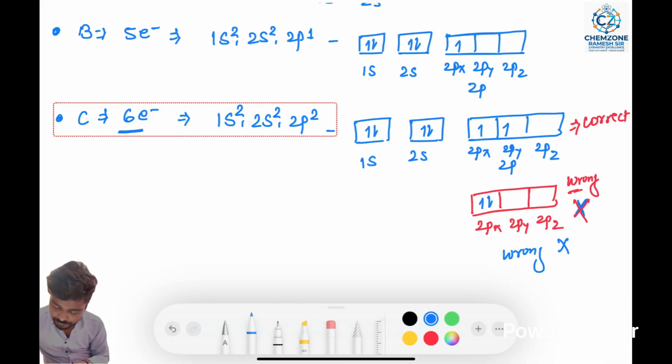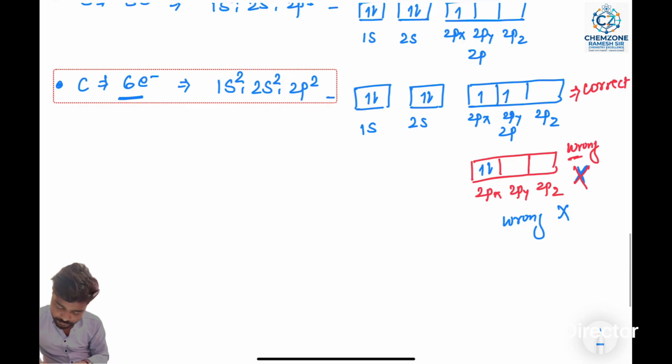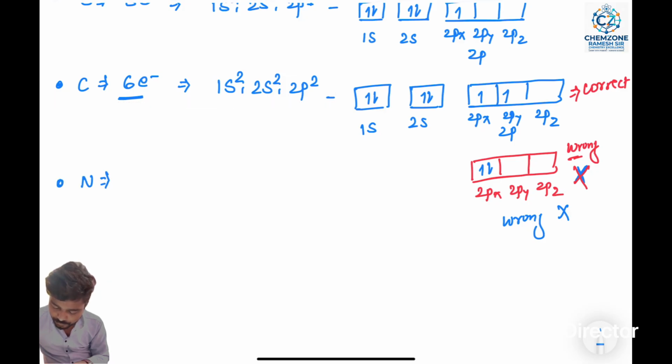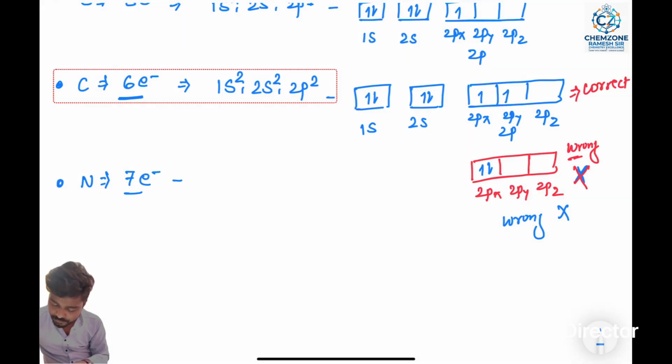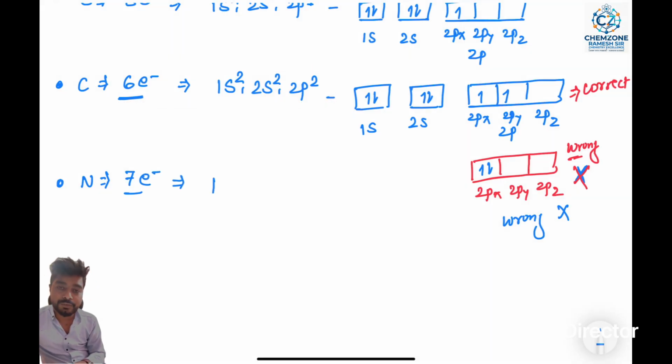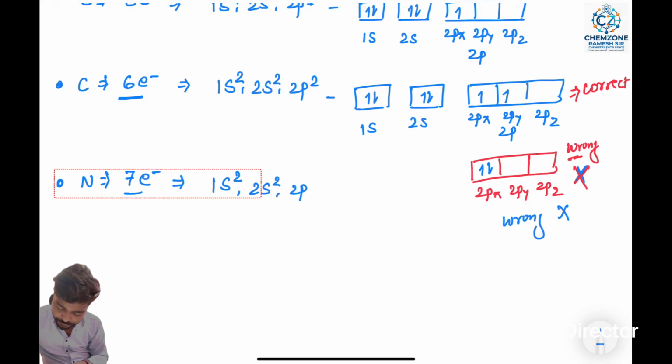Okay, so next after carbon, the next element is nitrogen. Okay, nitrogen's atomic number is 7, so 7 electrons are present. So the electronic configuration is 1s2, 2s2 and 2p3.